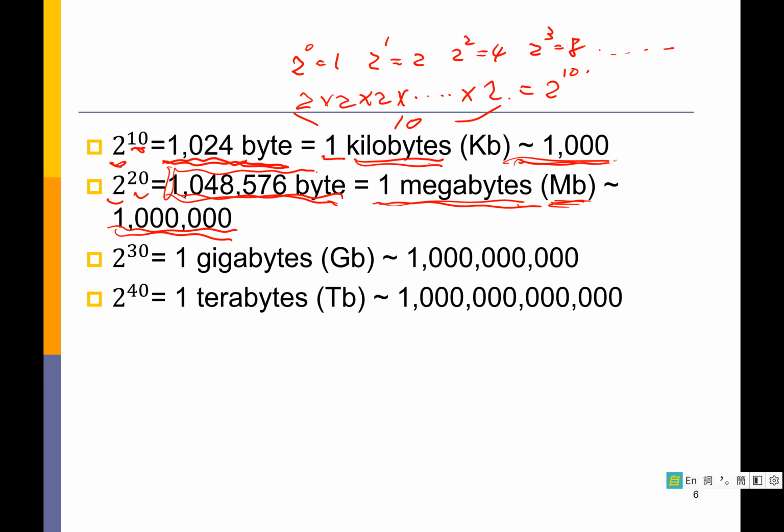The exact number is this one, but we can just approximately call it 1 million. And 2 to the power of 30 is 1 gigabyte, so this is 1 billion. In Chinese it is 10亿.